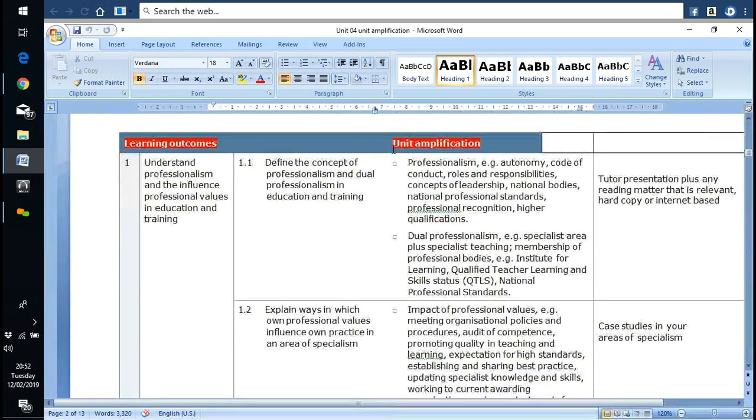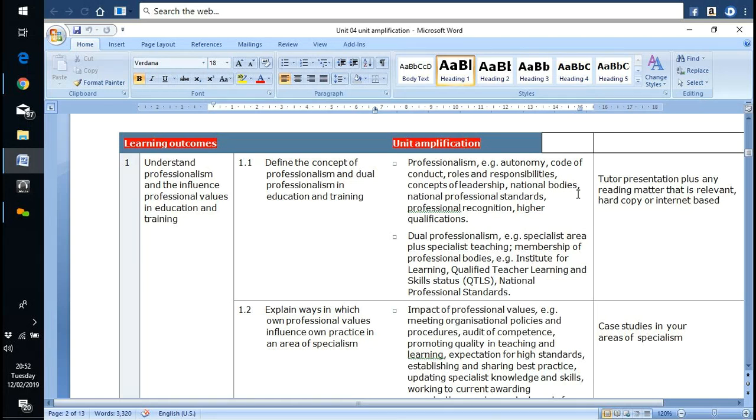So the amplification on this one is to define the concept of professionalism and dual professionalism. Again, it looks at autonomy, codes of conduct, codes of practice, roles and responsibilities, the concept of leadership, national bodies, national professional standards, professional recognition, higher qualifications.